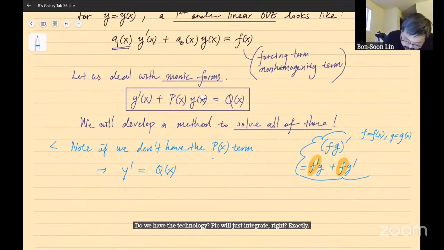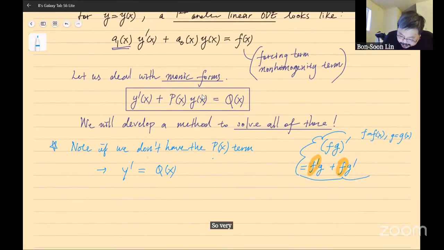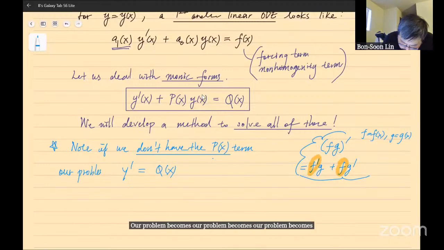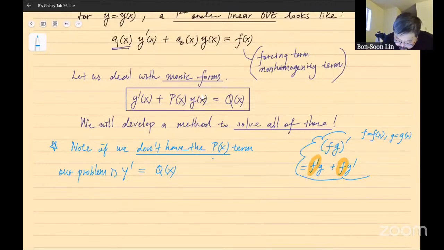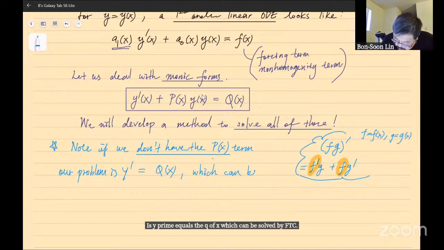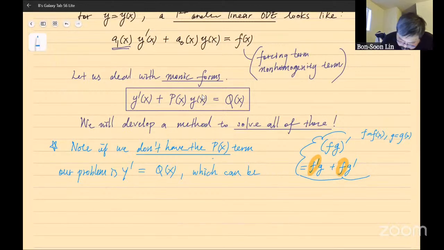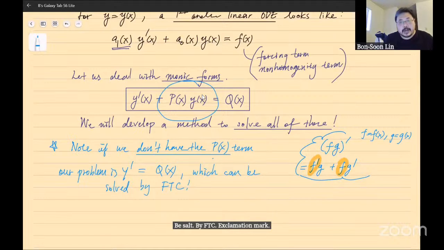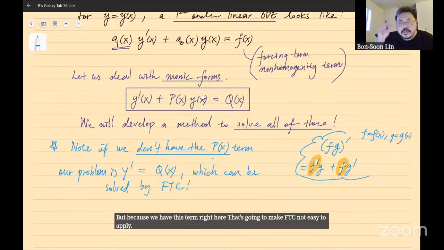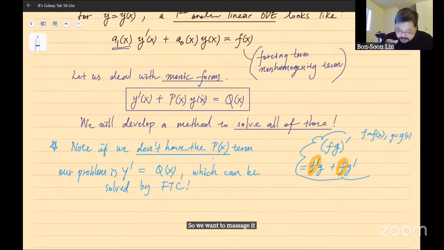Exactly. So, very important observation: if we do not have the p of x term, our problem is y prime equals q of x, which can be solved by FTC. But because we have this term right here, that's going to make FTC not easy to apply. So we want to massage it so we can apply FTC.